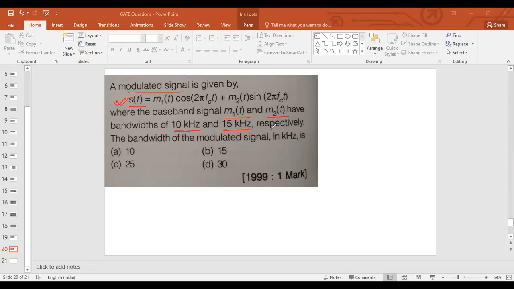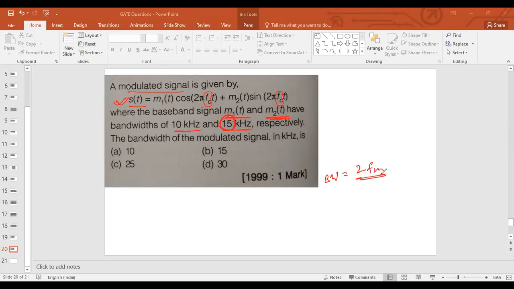So in this case, what we are observing is that the carrier frequency is the same. So इससे हमें यहाँ पर कोई मतलब नहीं है. Actually हमें देखना है कि हमारे पास दो सिग्नल्स हैं m1t और m2t. So bandwidth डिपेंडेंट किसके ऊपर होता है? जो मैक्सिमम फ्रीक्वेंसी है. ओके, तो मैक्सिमम फ्रीक्वेंसी मॉड्यूलेशन क्या है? वो 15 किलोहर्ट्ज़ है. So we have seen that the bandwidth is nothing but twice the maximum frequency of the modulating signal.